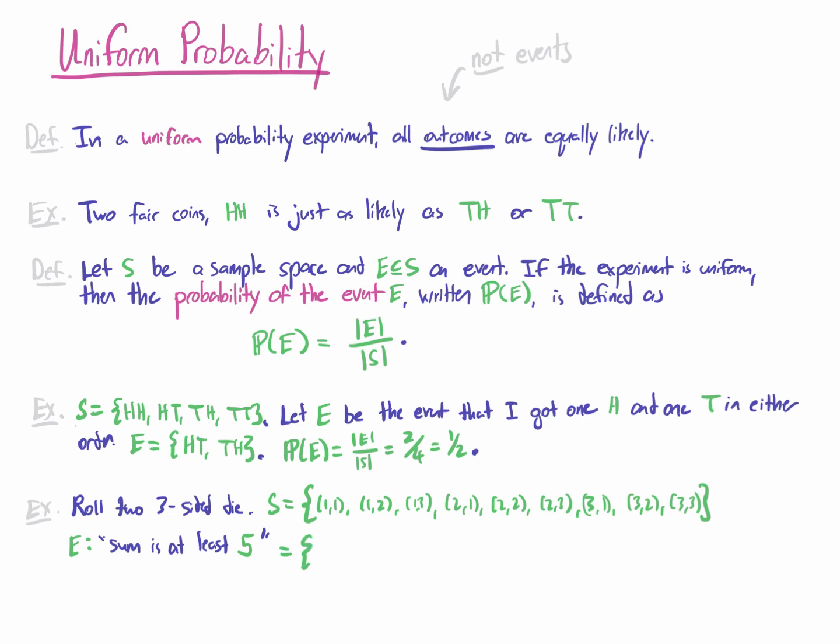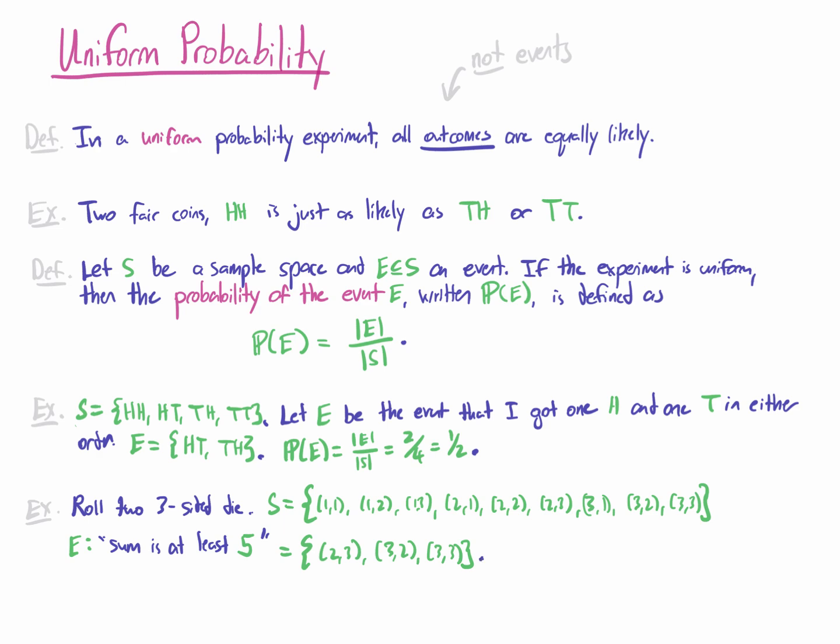Well, I'm going to add my two die rolls together and see when I get at least 5. In this case, that happens 3 times. I can have 2, 3, I can have 3, 2, or I can have 3, 3.